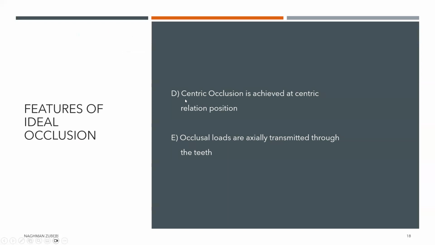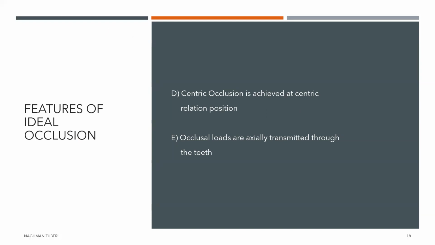Features of the ideal occlusion we are discussing: centric occlusion is achieved at the centric relation position. This means there must not be any shift from centric relation to centric occlusion. In centric relation, there will be freeway space, but when the person brings the teeth together without any shift, the freeway space is covered and the teeth come in contact with each other.